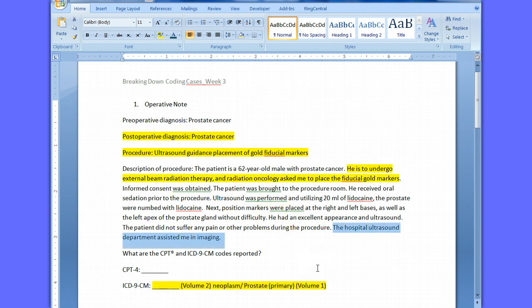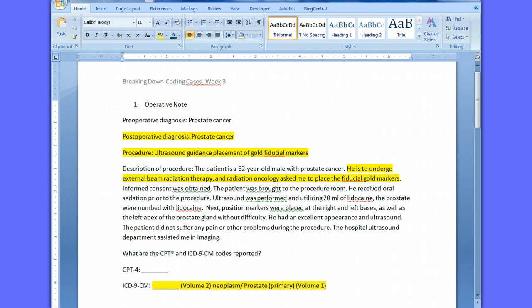The next thing, I highlighted a good percentage of my case, and then I pulled out or abstracted how I'm going to locate my ICD-9 first. We have volume 2, and we will go to the neoplasm table, and then we'll go to the word prostate, because that's where the neoplasm is located, and we're going to code this as primary.